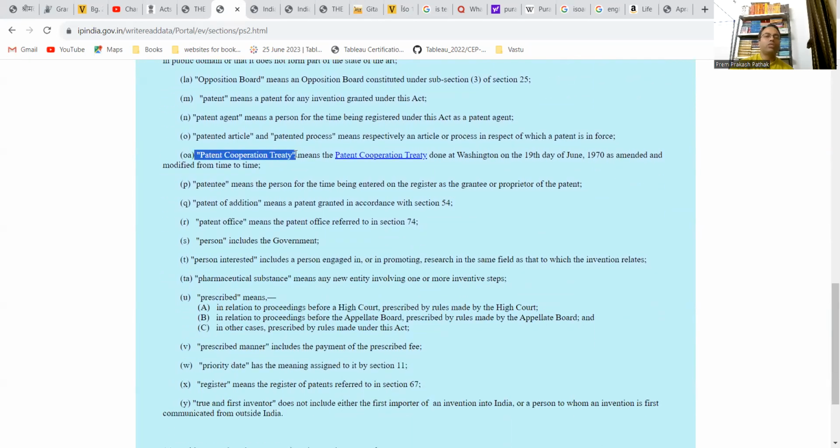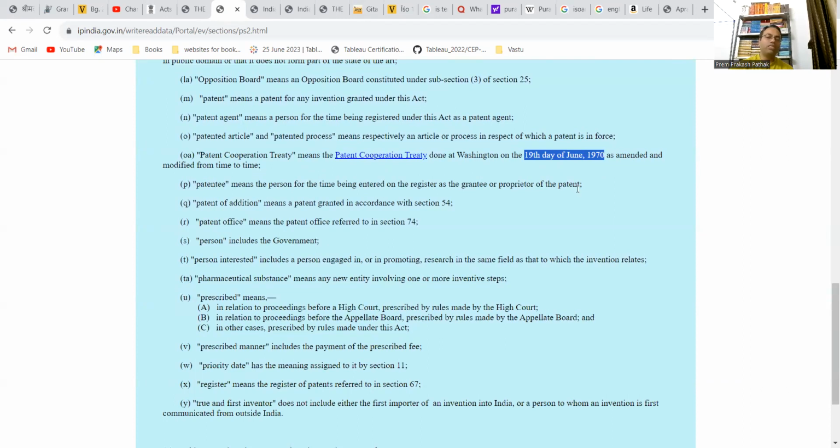It is the treaty done at Washington on 19th June 1970, as amended and modified from time to time. So first it was done in Washington on 19th June 1970, and thereafter it may be amended or modified, but the date remains the same.